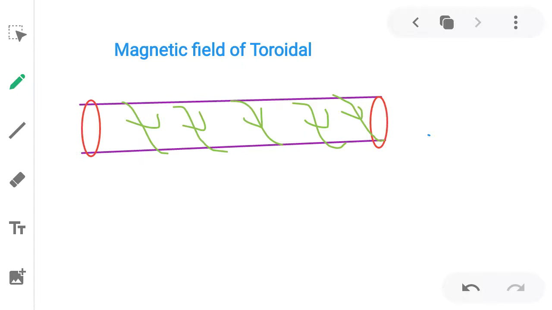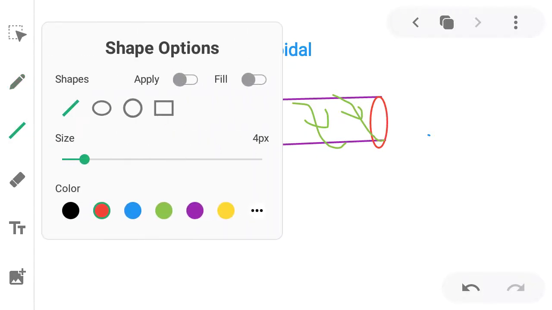Now when this solenoid is bent into the form of a loop, how can we do it?